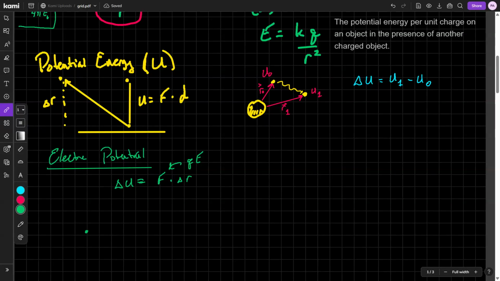So we have a charged particle here, and we've got another charged particle over here, and say this is a positive charge, and this is also a positive charge.